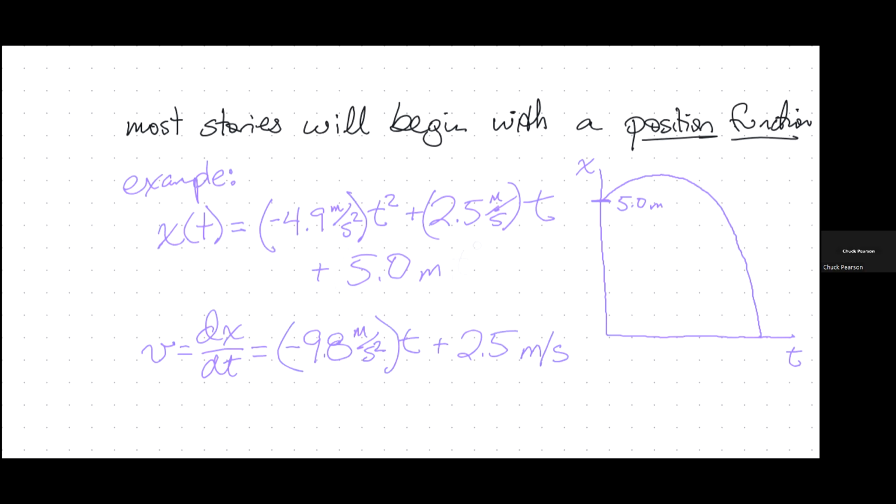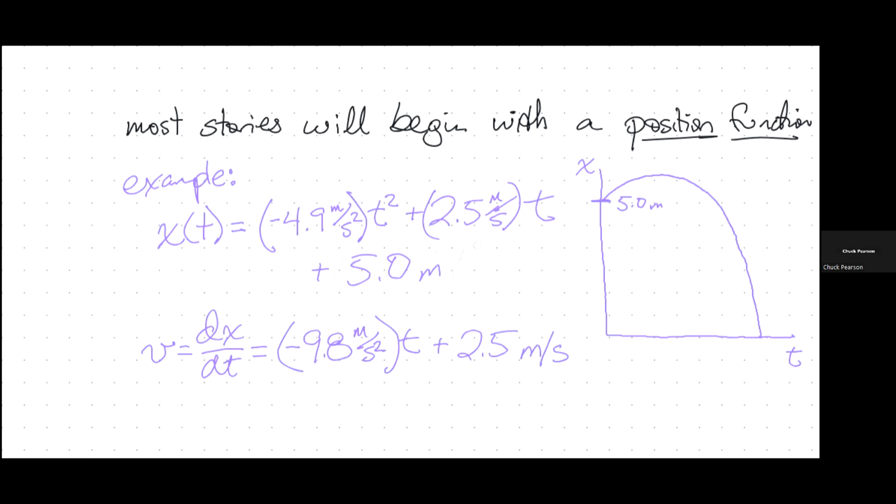Well, the 0 is going to come down, multiply by this guy, and that's going to take the whole thing away, and that term's not going to be there at all. So the velocity as a function of time is negative 9.8 meters per second squared times t plus 2.5 meters per second.